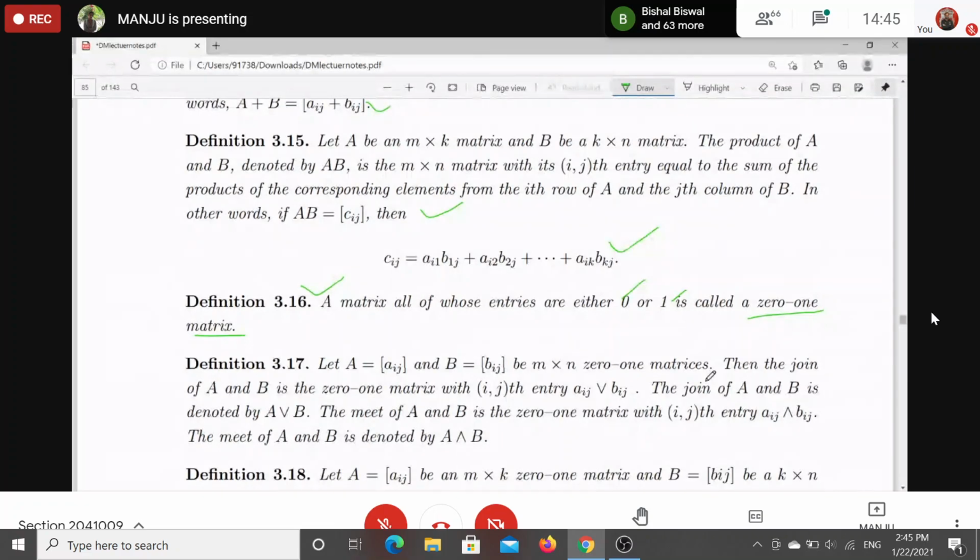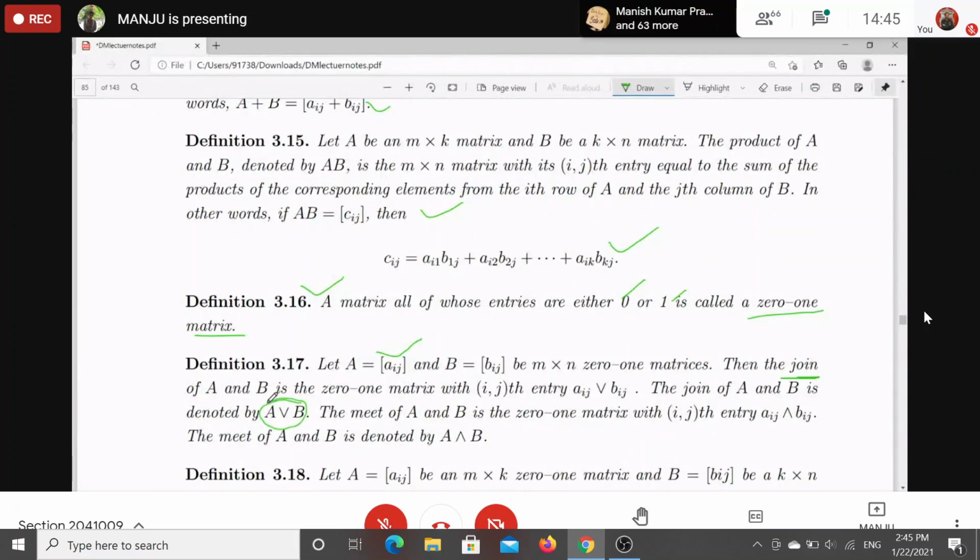For a 0-1 matrix, we can define this Boolean product and some more operations, that is disjunction and conjunction, which are known as join and meet. For example, A is given as a 0-1 matrix, and B is also a 0-1 matrix of order m by n. Their entries are either 0 or 1. Then the join of A and B is denoted by this one.